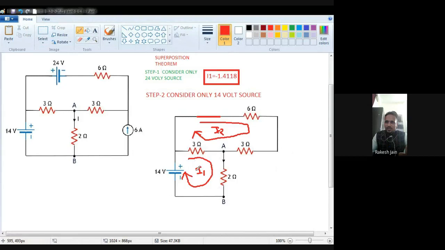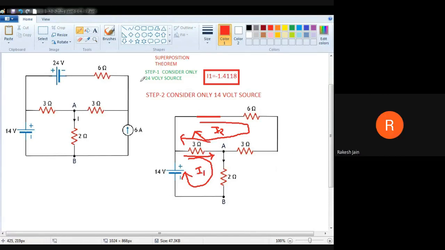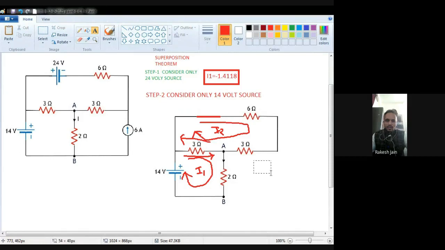So this is the answer of step number 1. That is, the current through this 2 ohm resistance, because this is step number 1, I consider as I1, so I1 is equal to minus 1.4118. So this is the completion of step first only. With superposition theorem, we are able to solve any question easily and find out the answer.